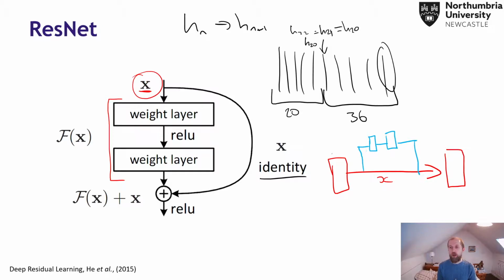So now you're not going for a completely different, new, deeper, more complex representation. You're just adding this additional path and doing this addition to work out what needs to change from this representation to this representation, rather than completing something completely new.